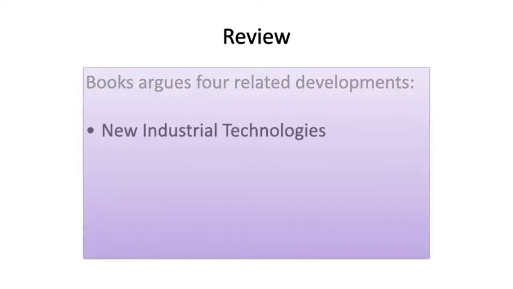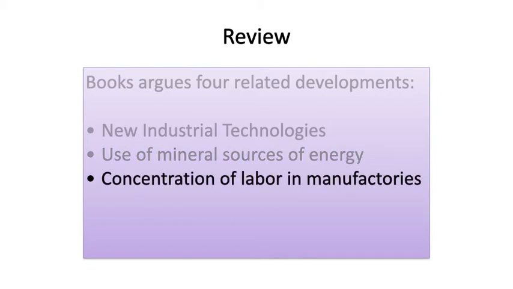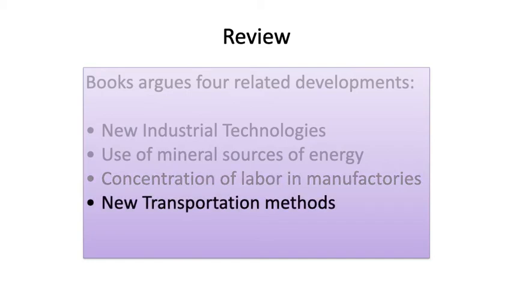So the book so far has looked at how new industrial technologies combined with the human use of new sources of energy, combined with reorganizing and the concentration of labor in manufacturing and the use of business models. I'm sorry, that was for that one. And then new transportation models.